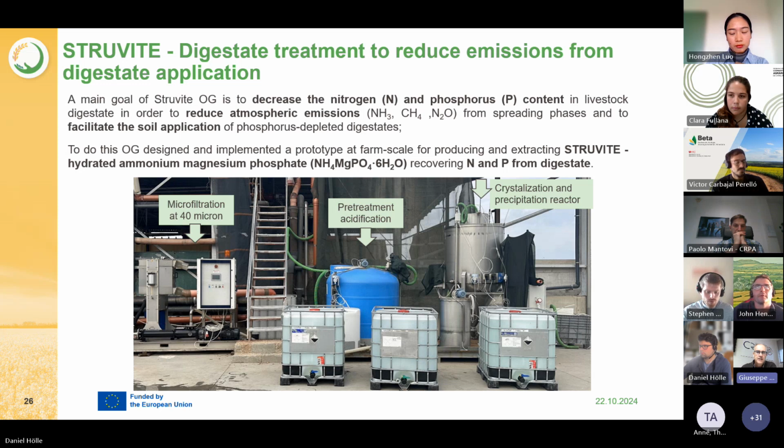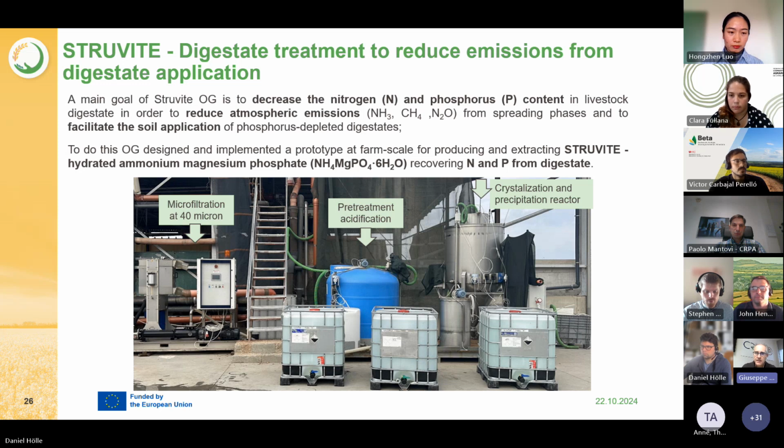This is in stainless steel, where magnesium and a base are added. Microfiltration, magnesium, and the base are used to promote the crystal development of struvite in the reactor. From the bottom of the reactor a precipitate with struvite is discharged, while from the upper surface exits the treated supernatant digestate, depleted in nitrogen and phosphorus.